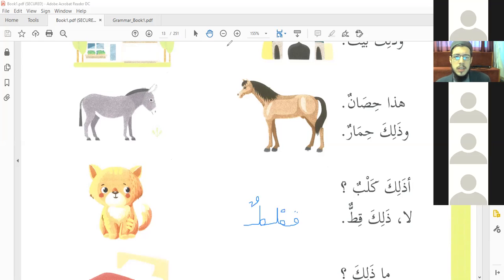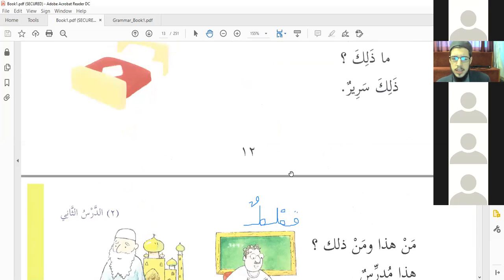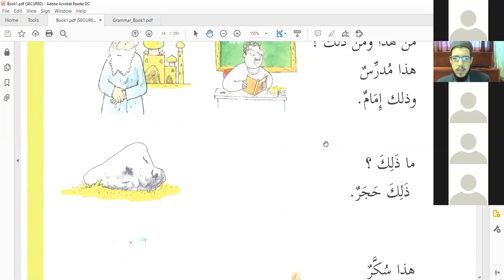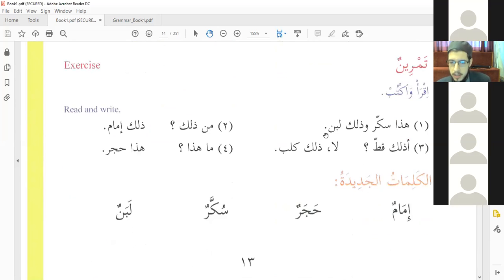Okay, excellent. So we did all of that. Okay, good. So your homework is these exercises to write them. Notice how they've taken away the fatha, dhamma, kasra. You should be able to read them correctly without that help, because now you know the vocab and now you know the grammar. هذا سكر وذلك لبن.